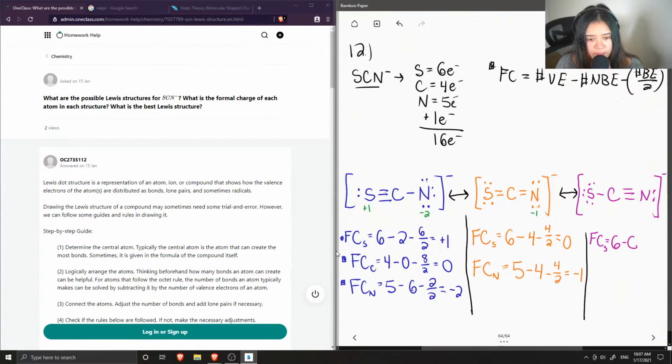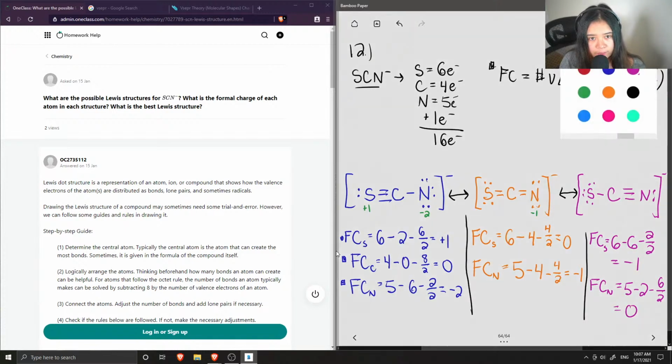There are 6 non-bonding electrons and only a single bond. So 6 minus 6 minus 1 is -1. And for the nitrogen, we have 5 minus 2 minus 6 over 2. So 5 minus 2 minus 3 is just 0. So this is if our sulfur contains the -1 charge.